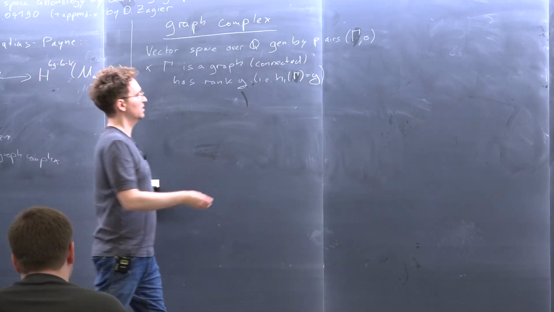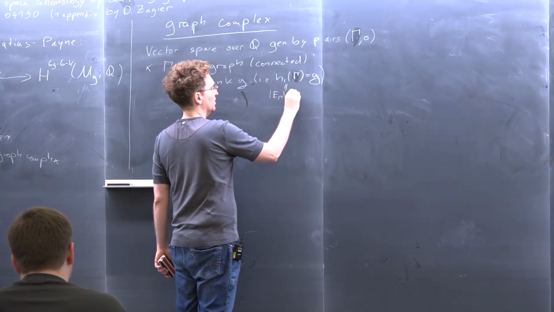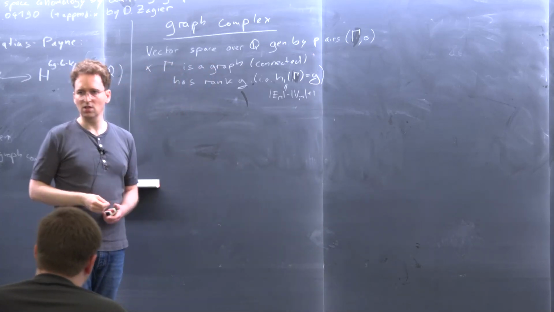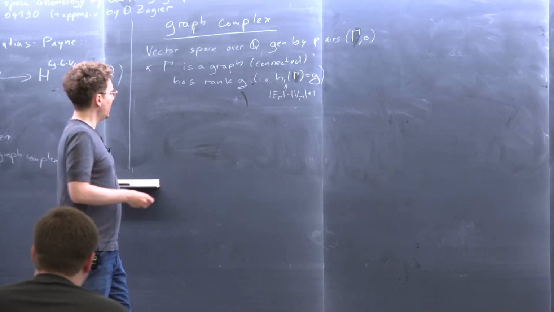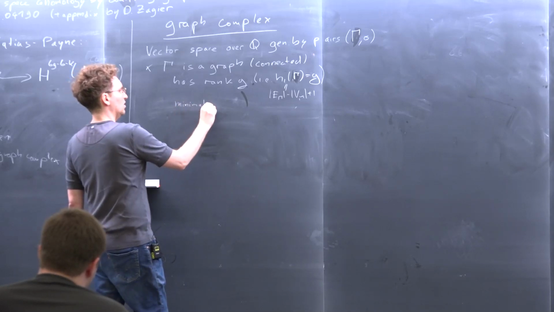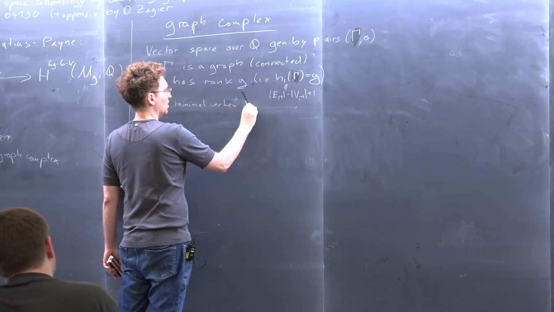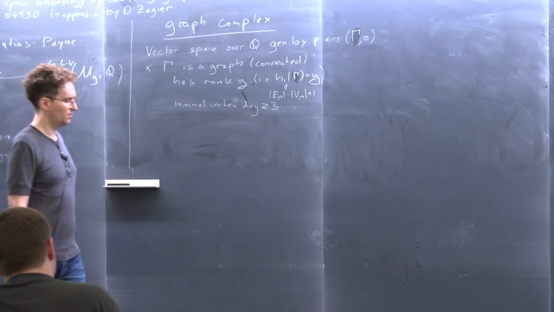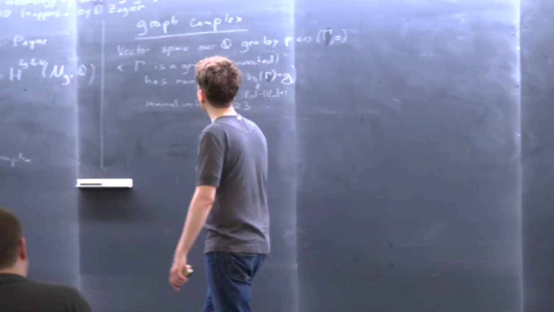And because the graph is connected, this is also equal to the number of edges of gamma minus the number of vertices of gamma plus 1. So this is a nice invariant of the graph that also comes from the Euler characteristic of the graph. And we want the graph to have minimal vertex degree at least 3. So the vertices have to have degree at least 3 of these kind of generators.